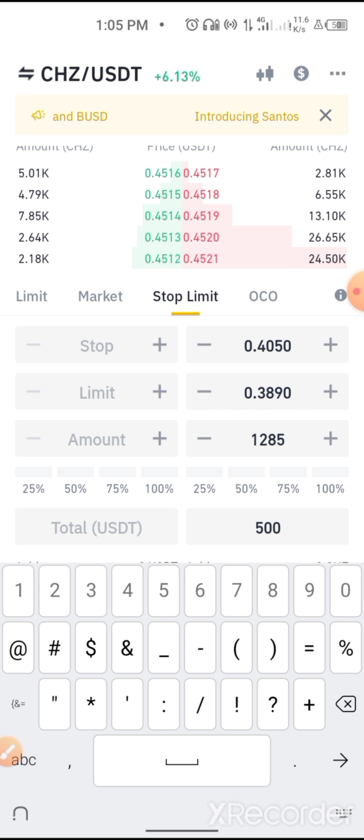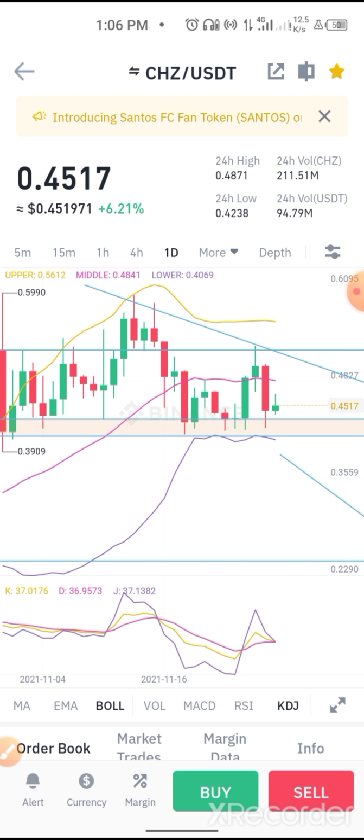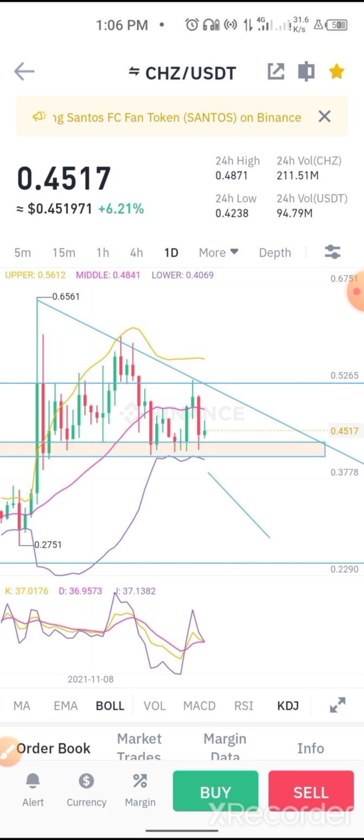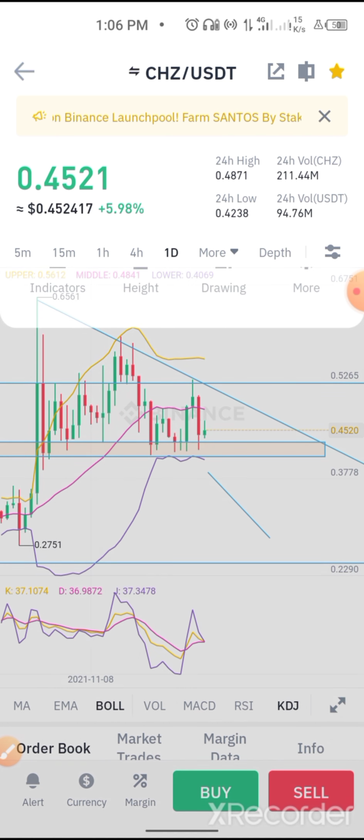Okay, now we are going to do that for an upward trend. We'll go back to the chart. That's to buy. Now, looking at this, there is a probability that this market will go up.